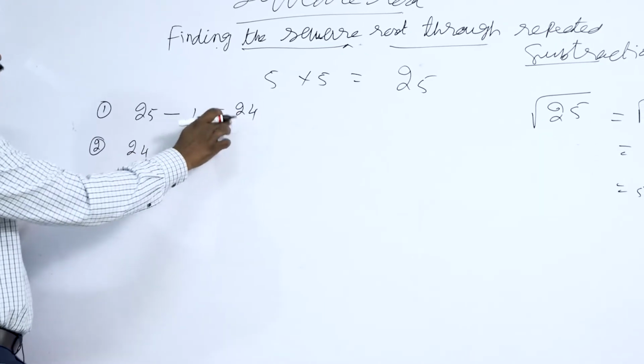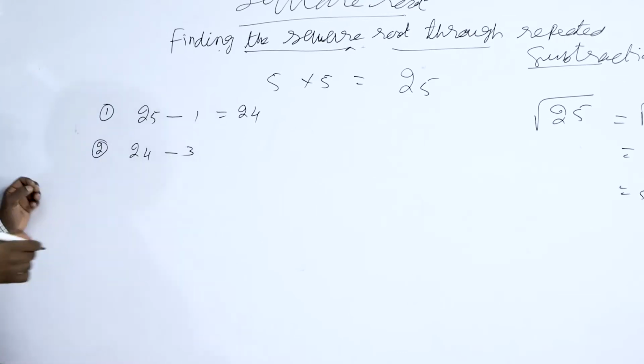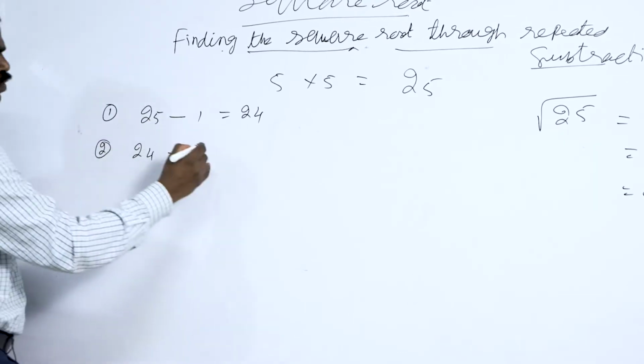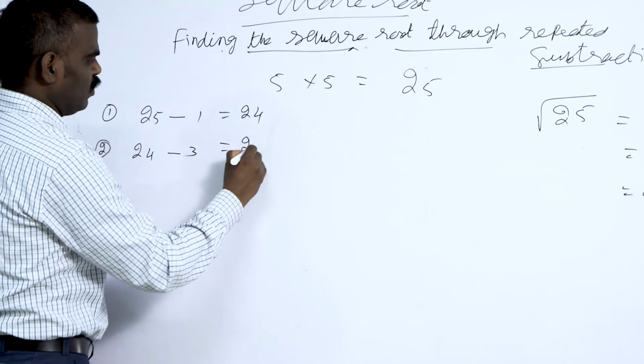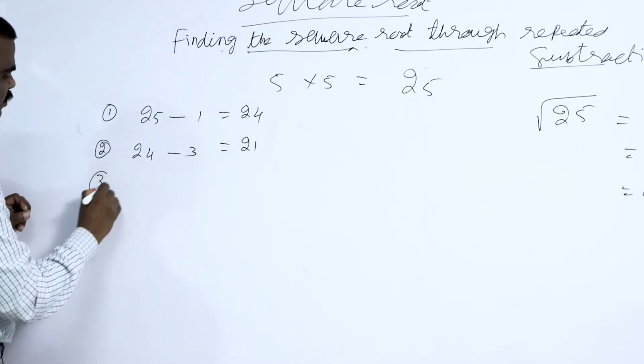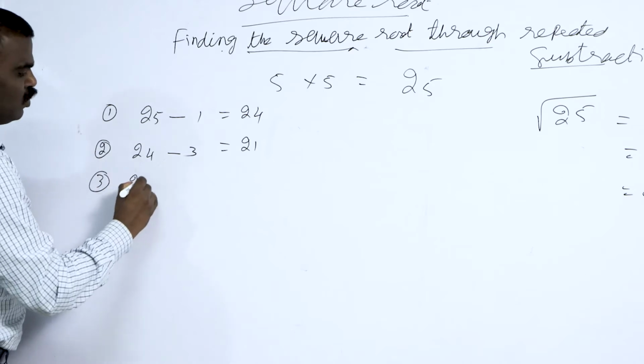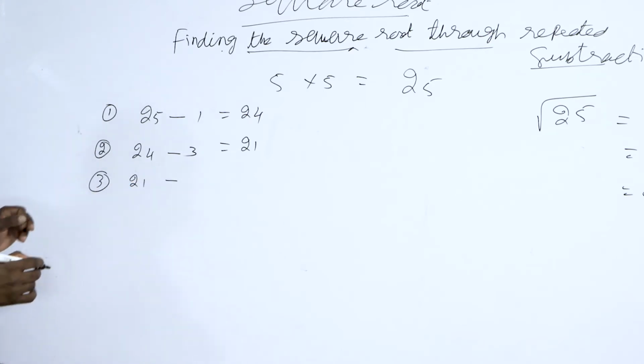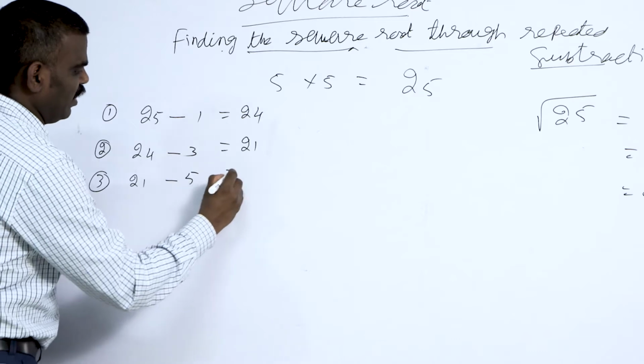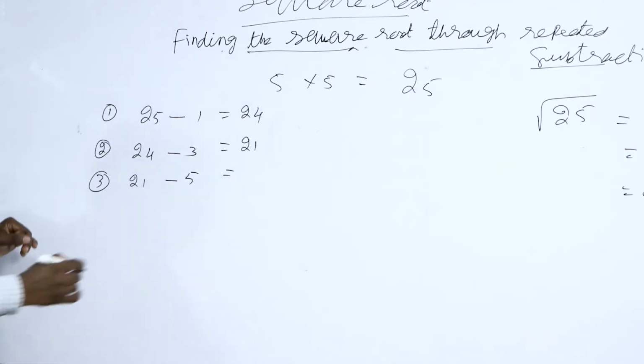Now only 24 is there. What is the next odd number? 3. So 24 minus 3 is 21. Third step. Of course, this is a bit long method, but you can learn this method also. 21 minus the next odd number, 5, is 16.